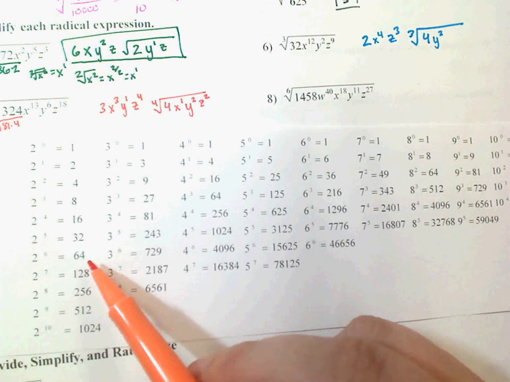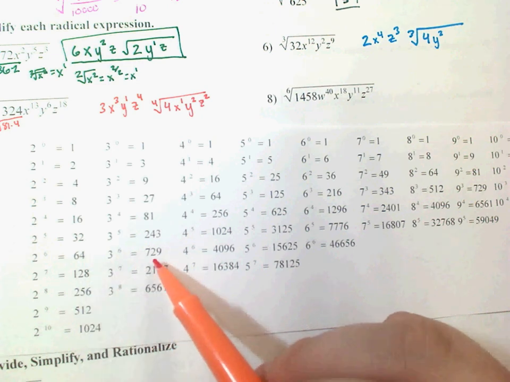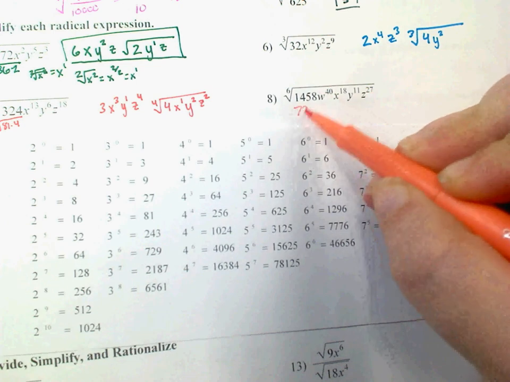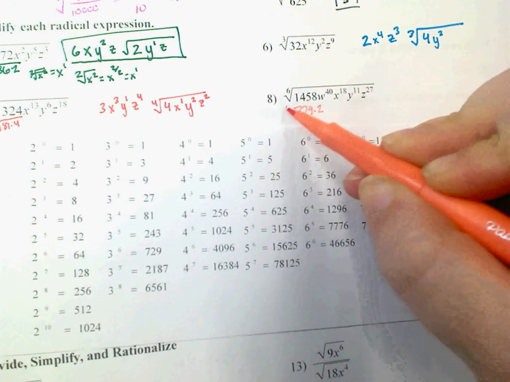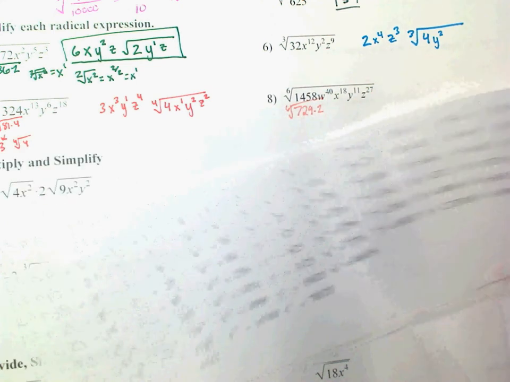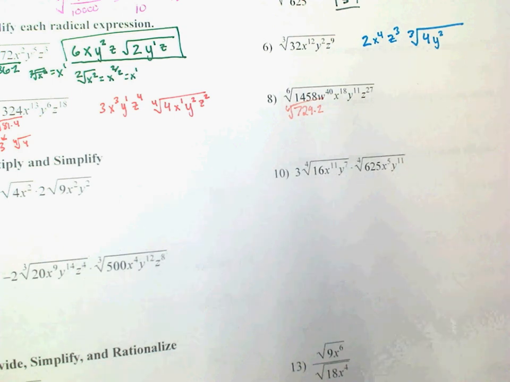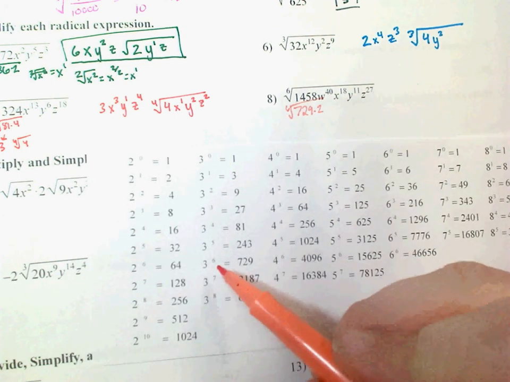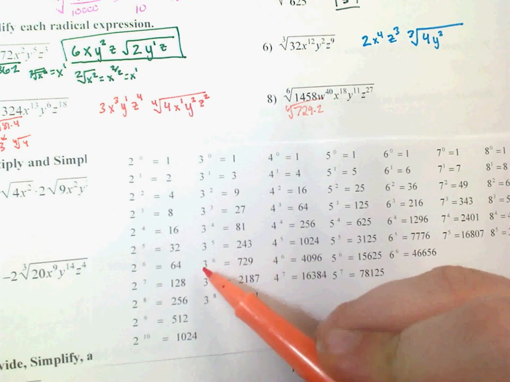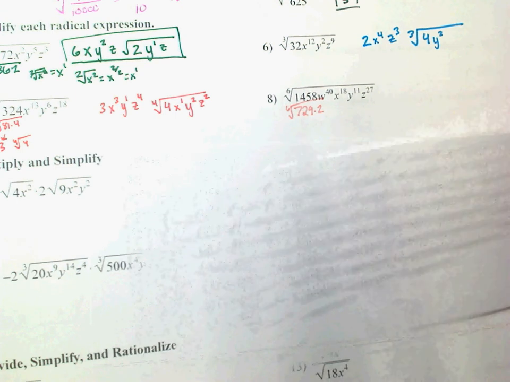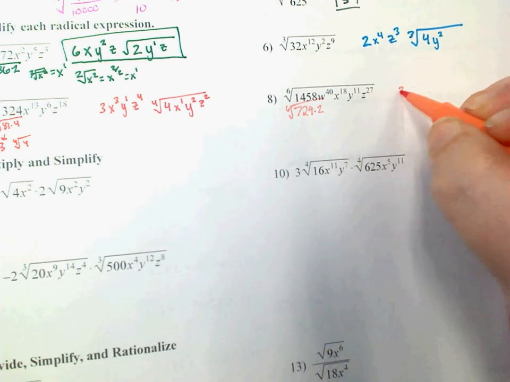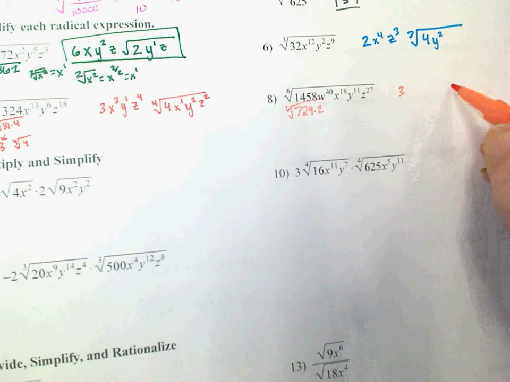And when I look at 7 times 2 is 14, and 29 times 2 is 58. So that is, in fact, 729 times 2. The 6th root of 729 is 3. So that I can simplify as a 3 on the exterior and the 6th root of 2 on the interior.